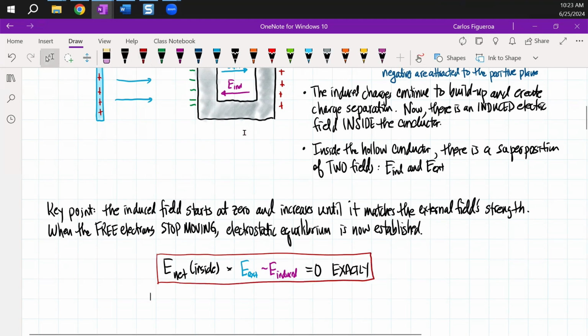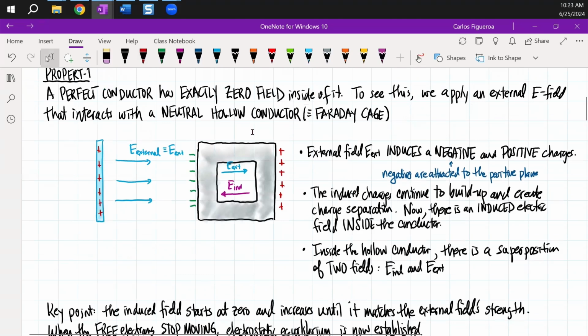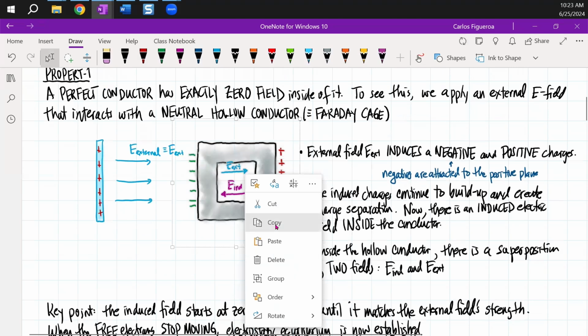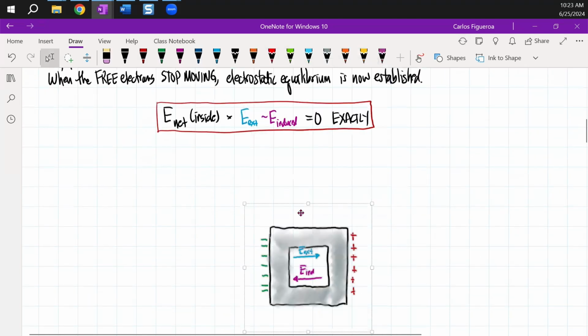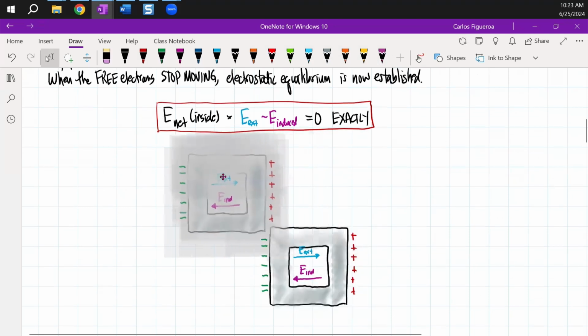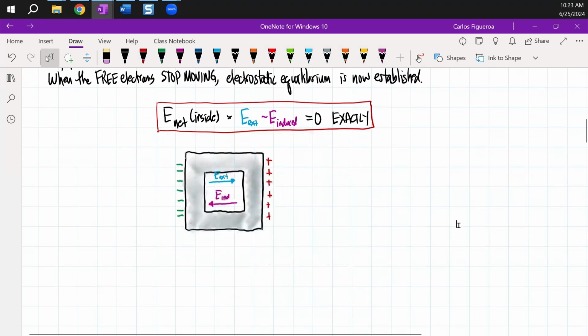And so what happens here is that I'm just going to take this picture right here and pop it down here. So picture-wise, we get this type of thing. Inside of here, we find that the electric field inside is equal to 0 exactly.